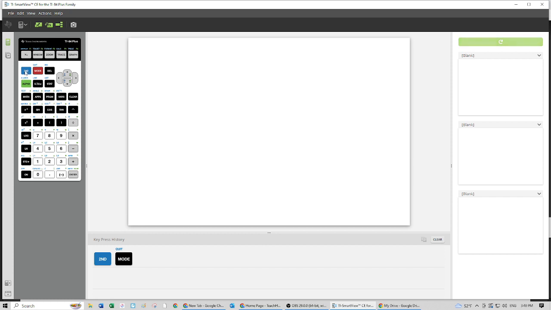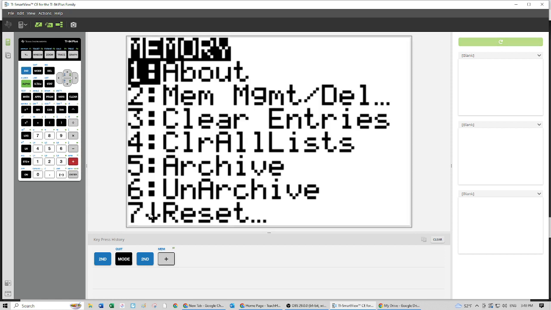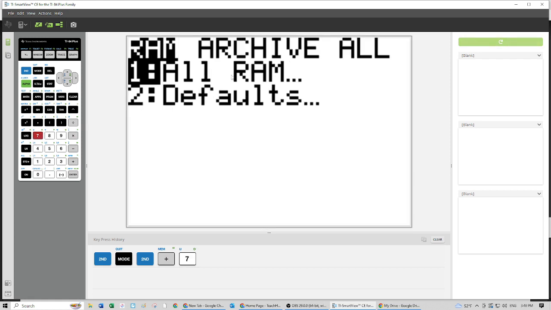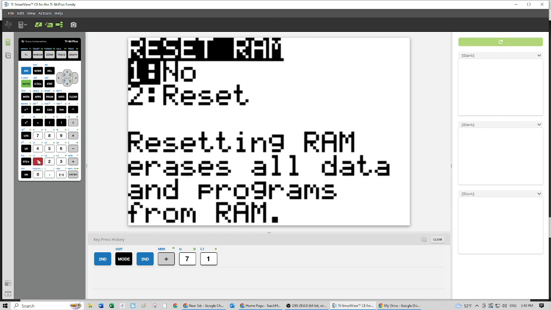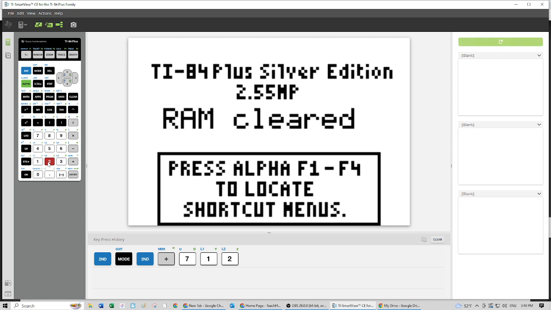So I'm going to go to second, then plus, which is memory. Now I want to reset it, so reset is number 7, and then All RAM, which is 1, and then reset 2. Now the calculator is reset.